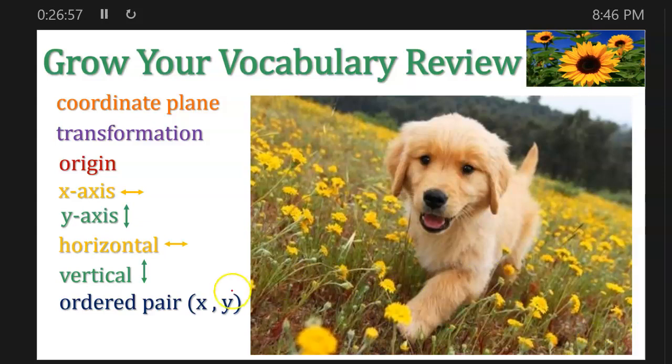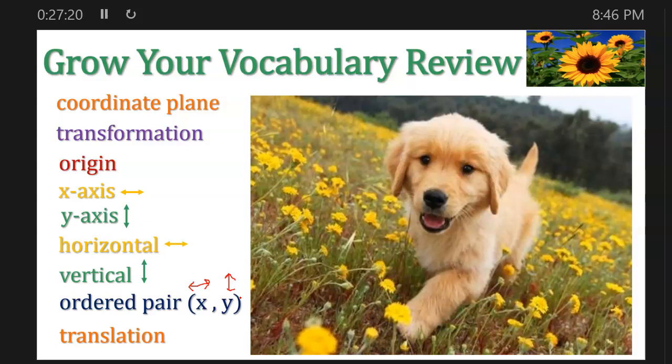So it's going to tell us the X direction is either going to be right if it's positive, left if it's negative, and the Y is going to be up if it's positive and down if it's negative.